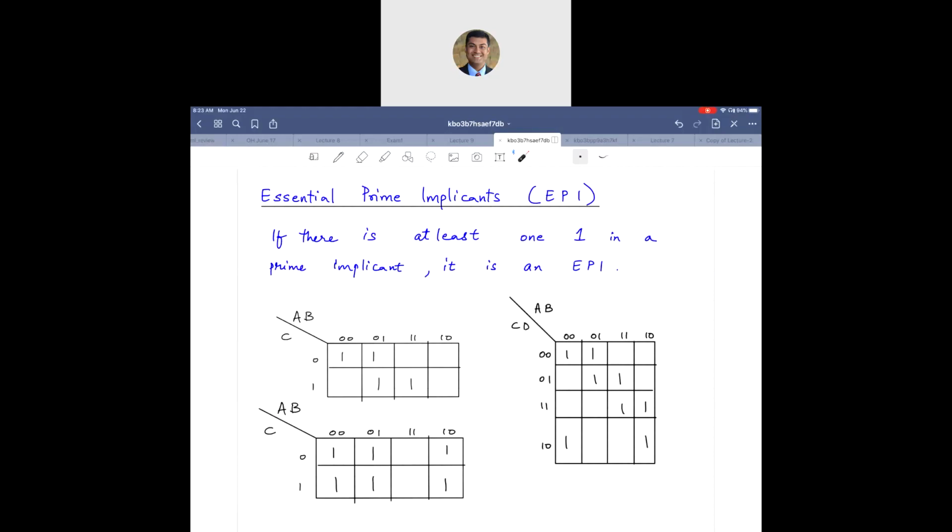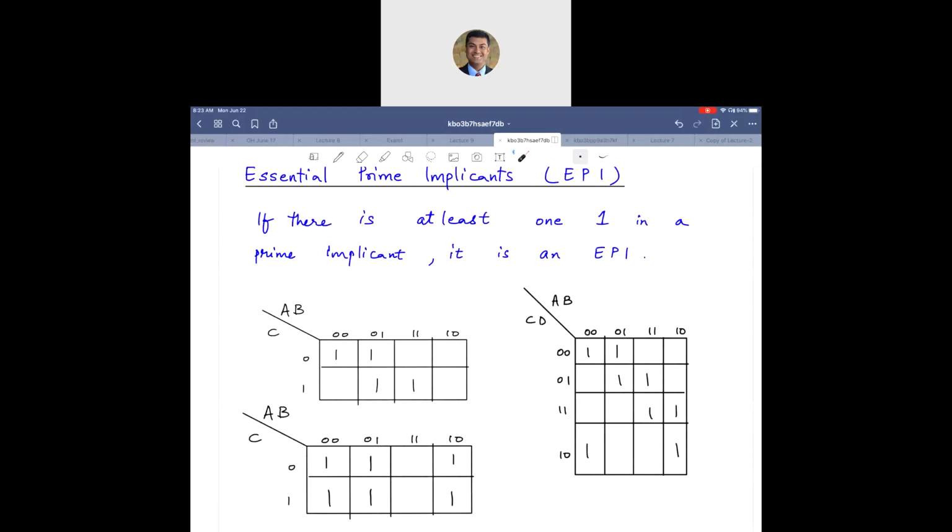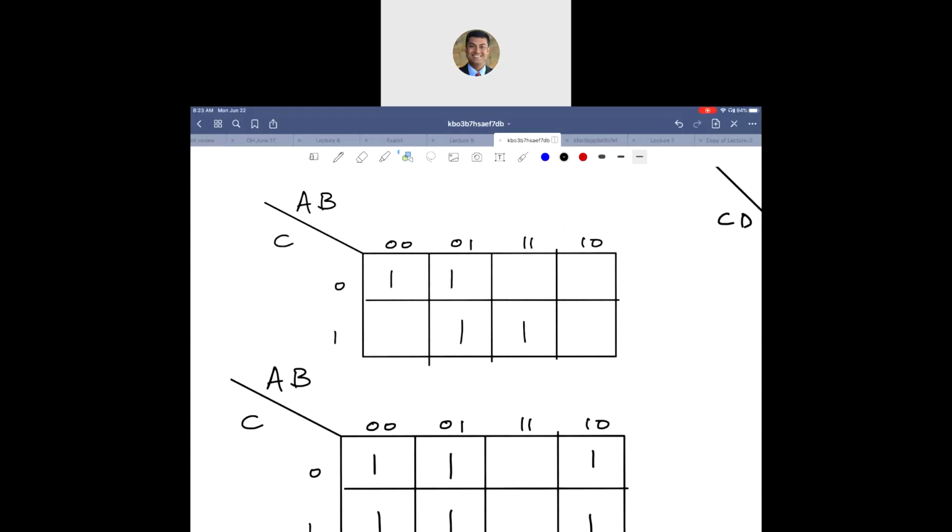What does that mean? Go back over here. What were the prime implicants from the previous example? 1, 2, and 3. There were 3 essential prime implicants.